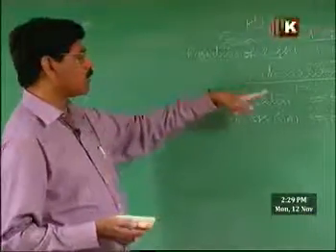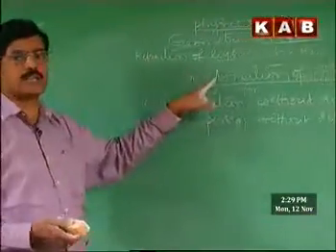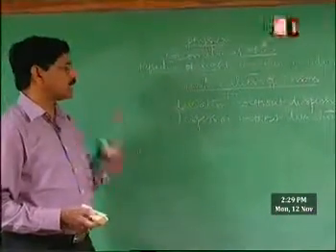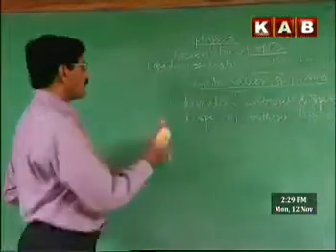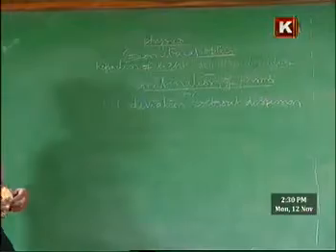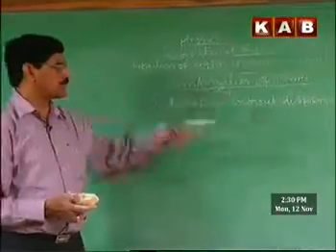Now we are going to consider a combination of 2 prisms for this purpose: how to get deviation without dispersion, and how to get dispersion without deviation. First case we are considering now: a combination of prisms to produce deviation without dispersion.